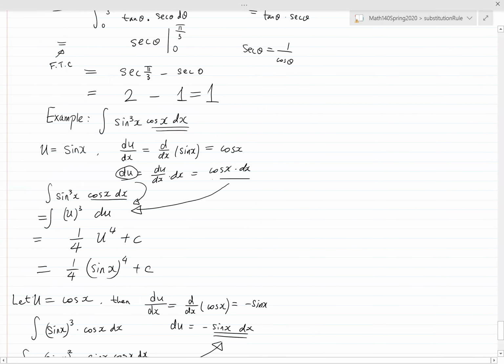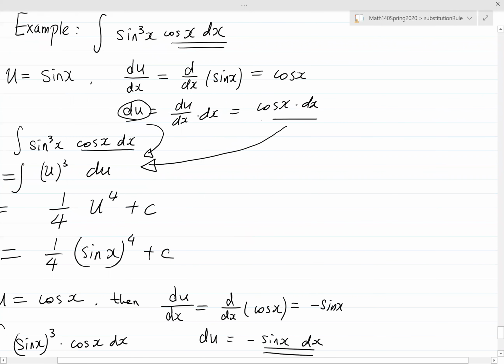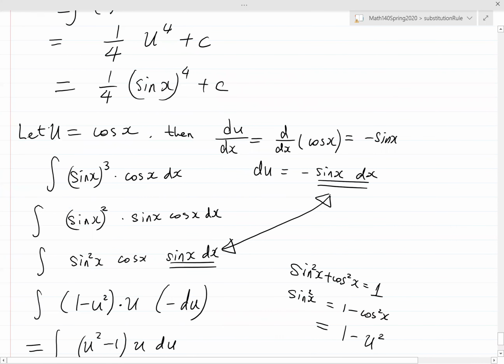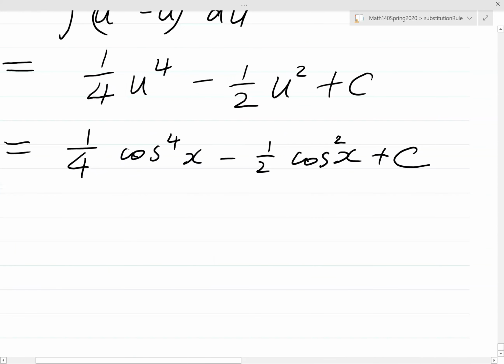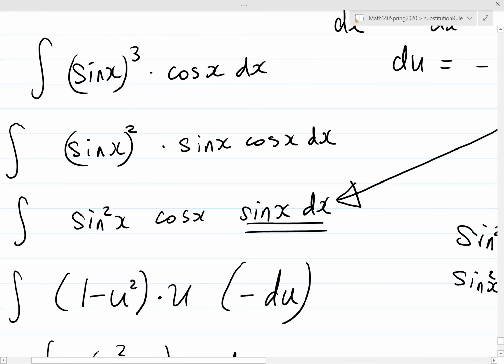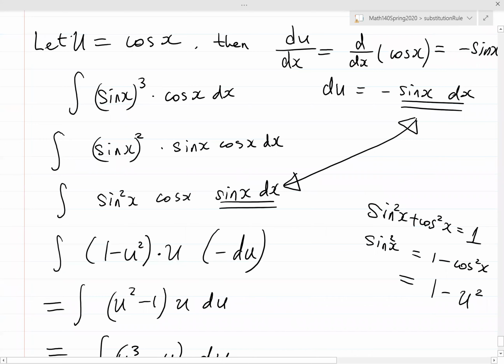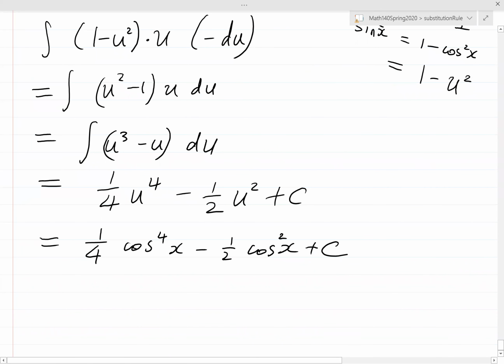Now, although we get different answers, 1/4 sine x to the power 4 and this result, they look different at first sight. Actually, they are the same up to a constant. Remember, we have a lot of trig identities. If you apply a trig identity, you will realize this is actually the same function up to a constant.